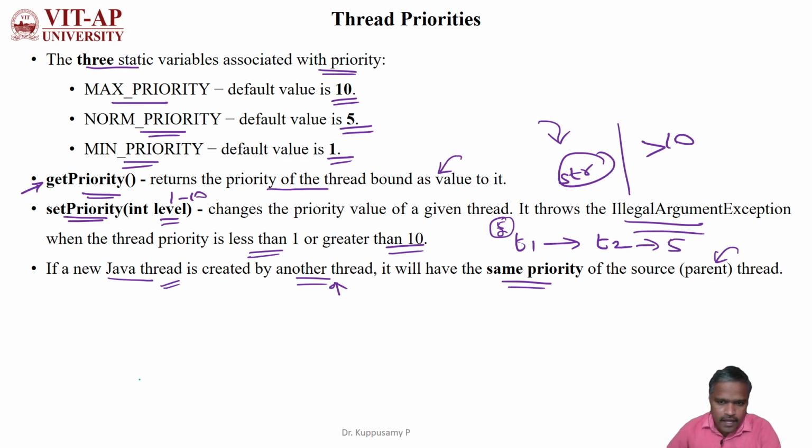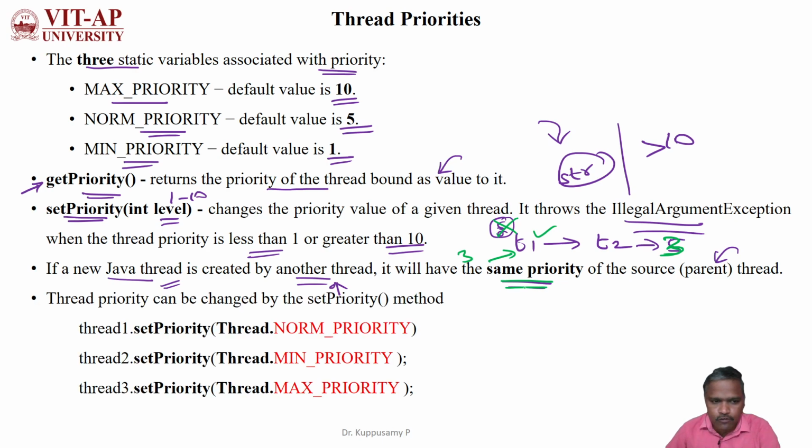Suppose the priority of T1 is 3 when it is running, and T2 is created by T1. Then T2 will also be assigned 3 as its priority value. That's it: a newly created thread will have its parent's priority value, and the priority can be changed by using the setPriority method.